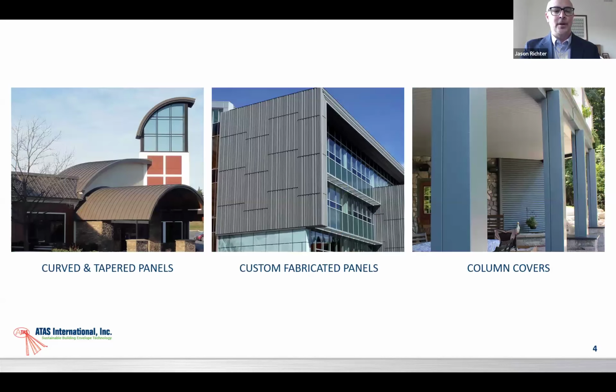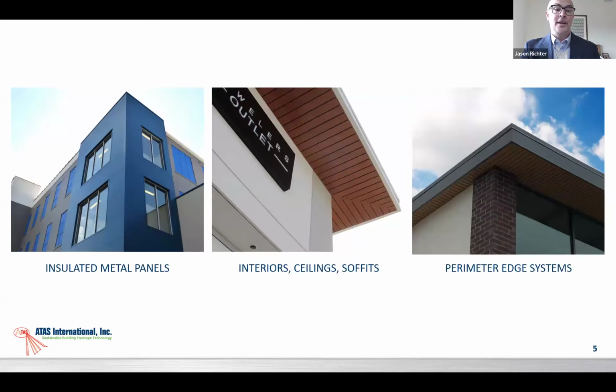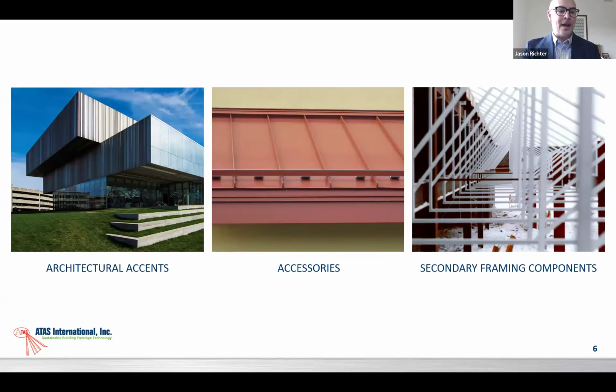We do perforated aluminum, custom tapered and curved panels for roofing and walls, also custom profiles on the walls, metal column covers, insulated metal wall panels, which we'll be touching on a little bit in today's presentation as well. Interiors, ceiling soffits, acoustically rated profiles as well, perimeter edge metal solutions, a variety of architectural accents and accessories, including secondary framing, snow retention, solar racking, so on and so forth.